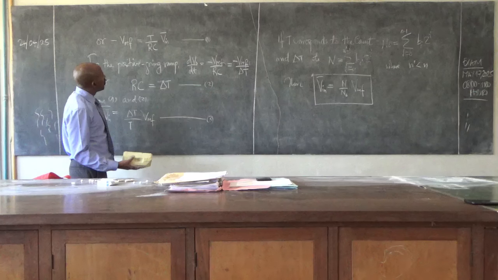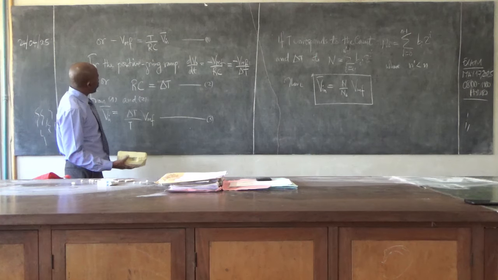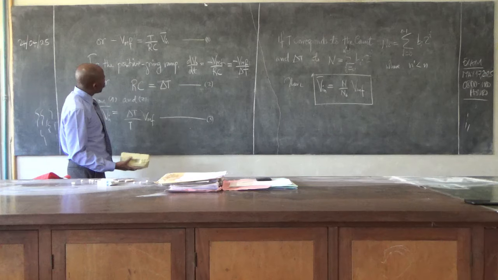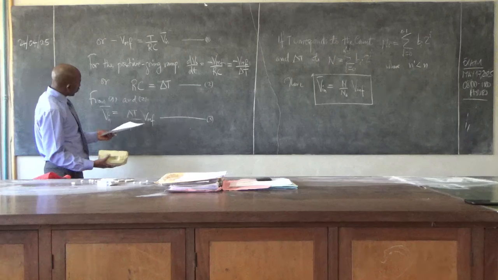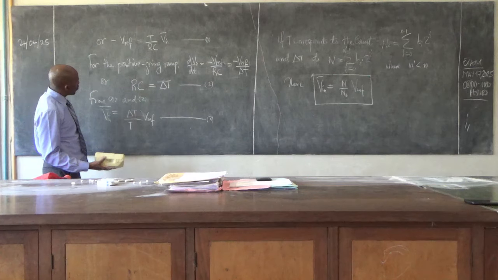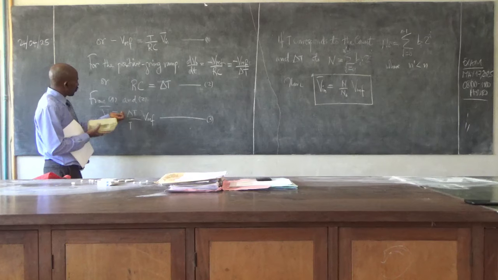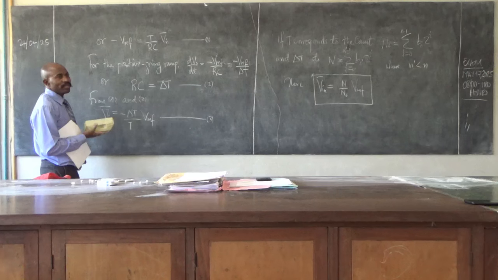Then comparing 1 and 2, we are substituting for R equaling dt. Then the negative should remain here. So we put RC, good, so it should be minus delta T over T V ref.